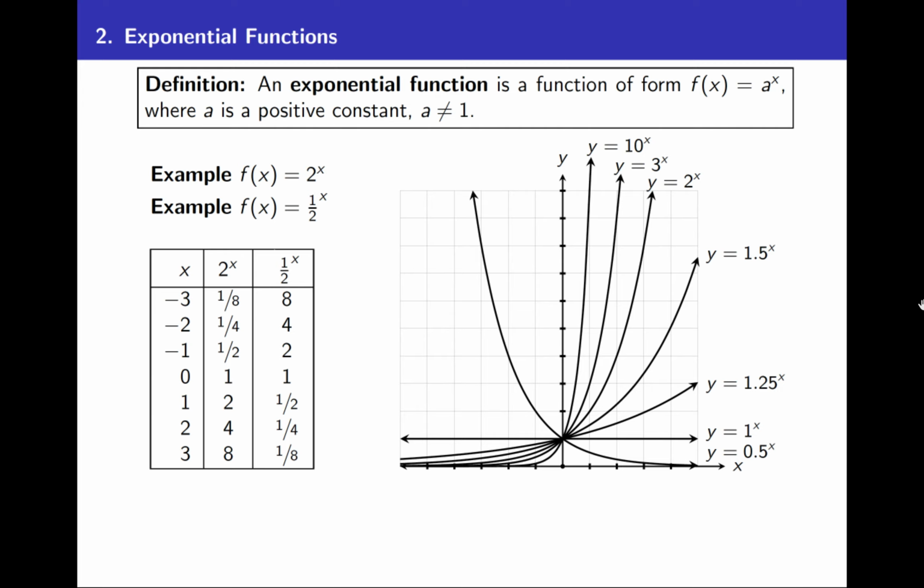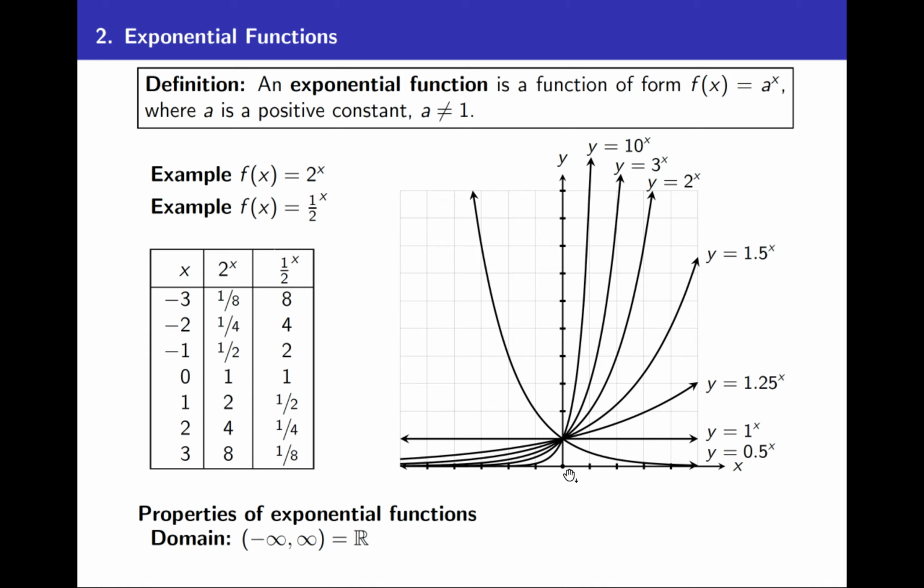But let's think about what's common to all exponential functions. They all have properties. First of all, the domain of an exponential function is all real numbers, because whatever x is, you can raise a positive number to that power by the properties that we had on the previous slide. And you can see that in these graphs, no matter what x is, you have a point on the graph of a to the power of x.